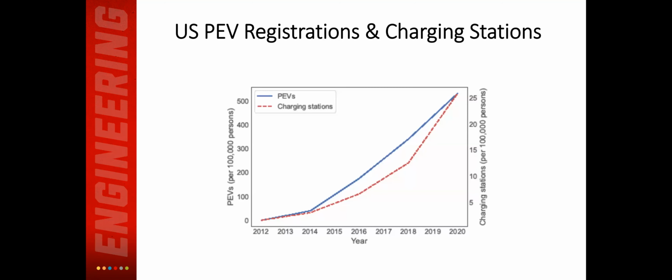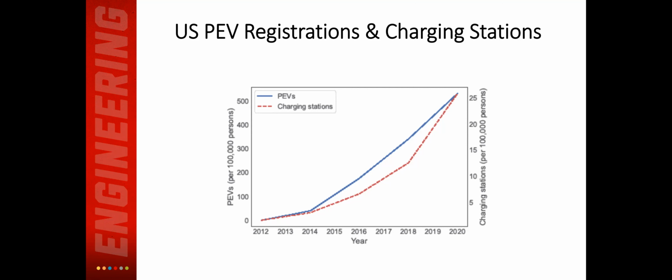What we're using here is a large data set of vehicle registrations across the US. This is county level vehicle registration, so all vehicle types by make, model, and a number of other details for every county. What I'm showing here is just a very simple visual of the results from 2012 to 2020.